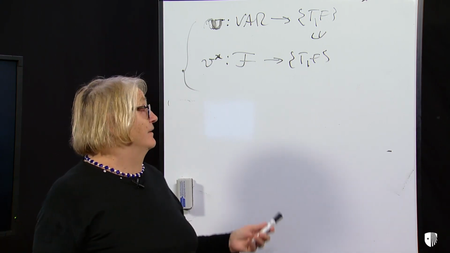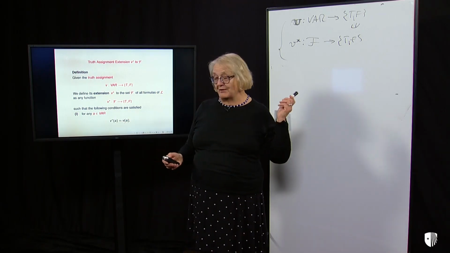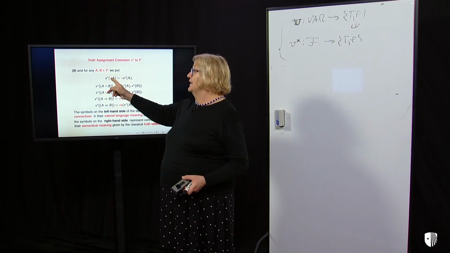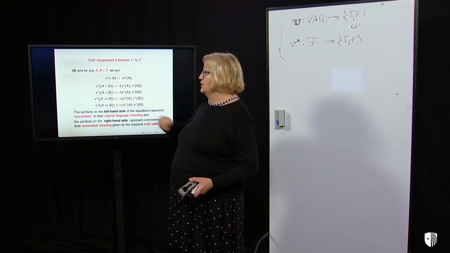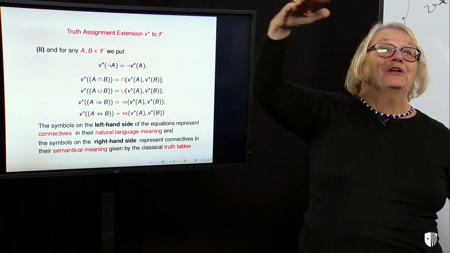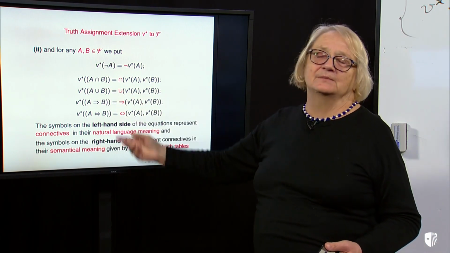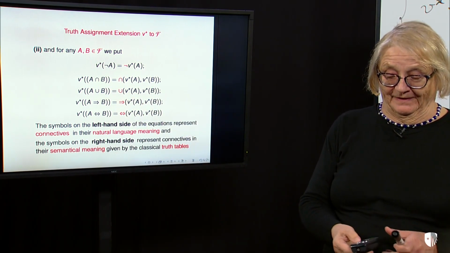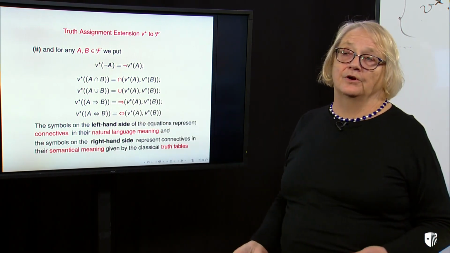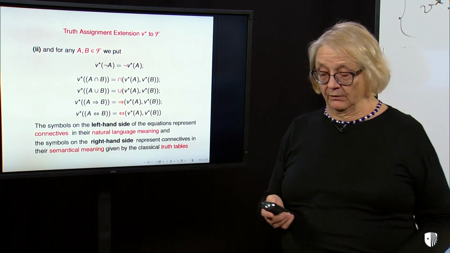On variables it is the same, as I erased it from the blackboard, and now you define that V star of negation is, here I put in red to show you that those red parts are defined by your connective truth tables. We use the same symbols because we know that they mean different things, right? Here is a function on two values, true and false, and here is just the value of a formula.